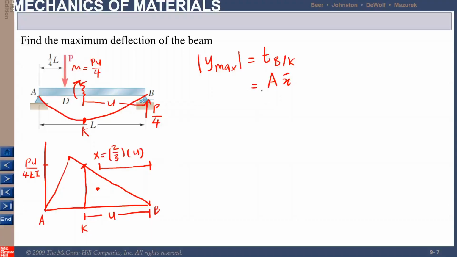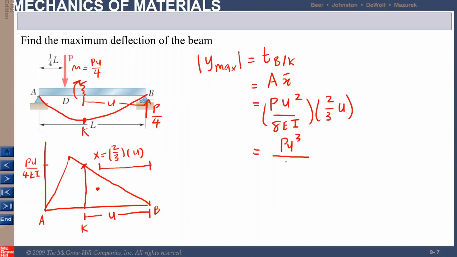We can get the value of A, which we already solved just now. The value will be PU square over 8 EI times 2 over 3 U. This is our Y max. So we can get the final answer as PU cube over 12 EI.